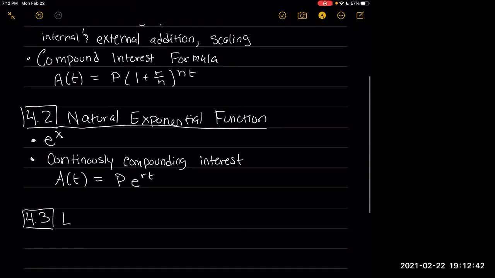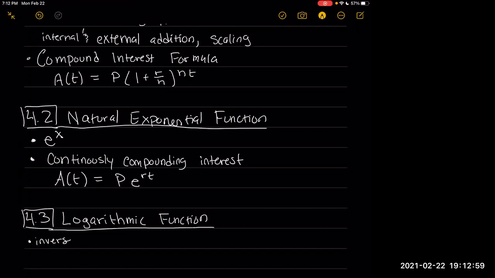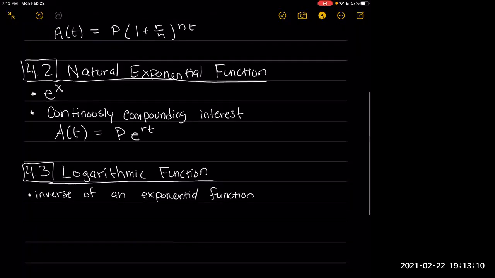And this was on the logarithmic function. A logarithmic function is the inverse of an exponential function. Which means that if we have log base a of x equaling y, this is equivalent to a raised to the y equals x.